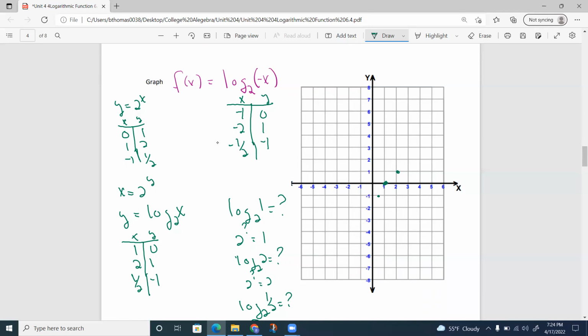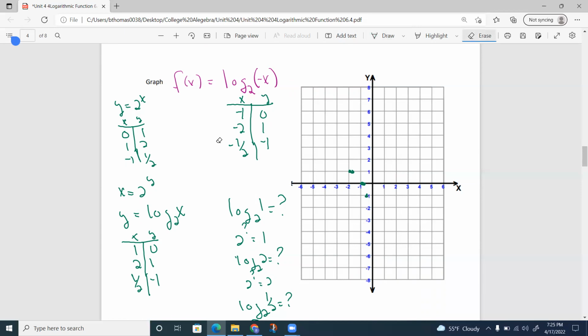The y values don't change, only the x values do. So the parent function's ordered pairs all flip across the y-axis. So (-1, 0), (-2, 1), and (-1/2, -1) become my new ordered pairs.